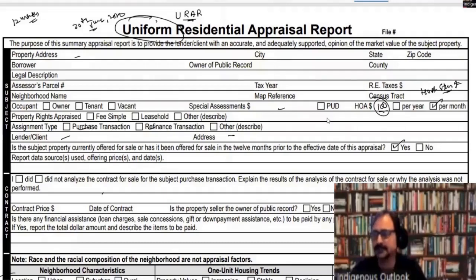Any property that is being refinanced, not purchased, right? Obviously, if a property is being purchased, that means somebody is selling it, so they need to list it. But if it is being refinanced, it should not be listed for sale. If it is listed for sale, that means previously the owner was trying to sell it.